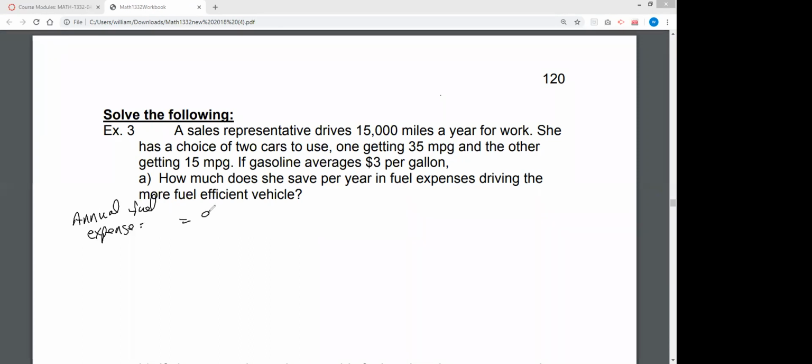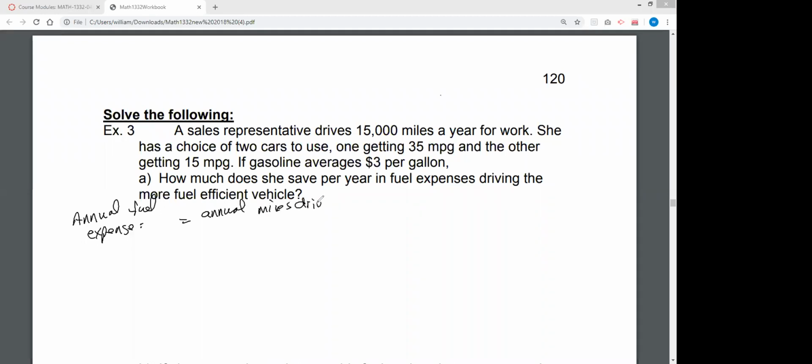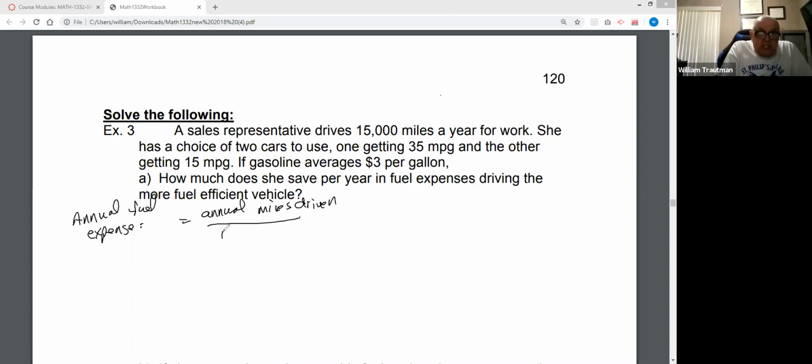It's the annual miles driven divided by miles per gallon times the price per gallon.